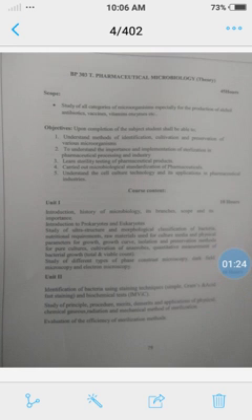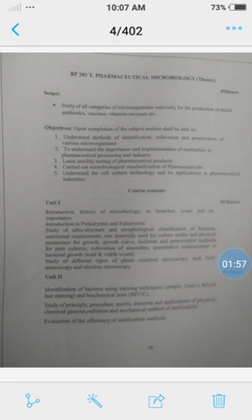Before actually starting with our syllabus, I am going to tell you the scope and objective of the pharmaceutical microbiology subject. It means why we study pharmaceutical microbiology, or what is the necessity of studying this subject, or what is the scope, or what are the objectives.